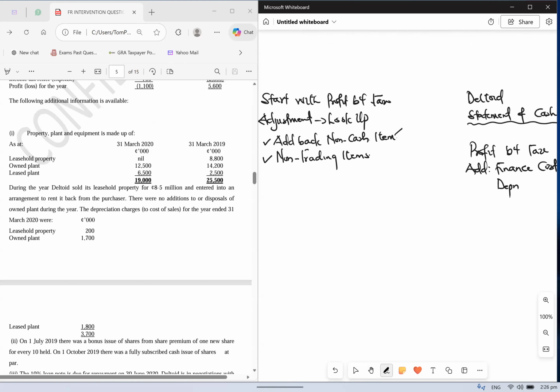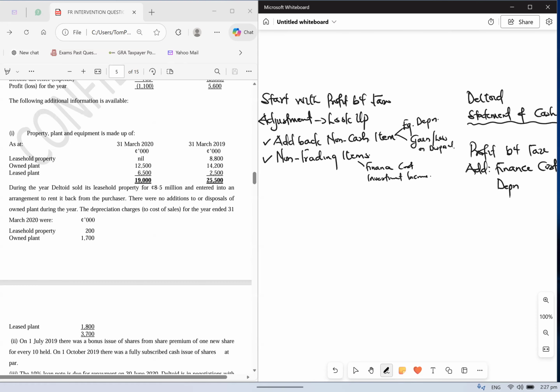So for example, depreciation, gains and losses on disposal. Okay, non-cash item. So you know finance cost is one of them. You can also come across investment income, also like gains.